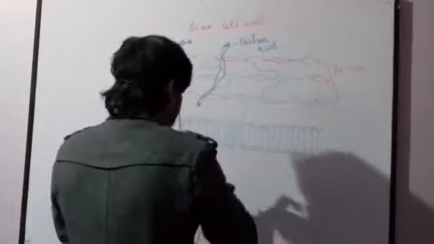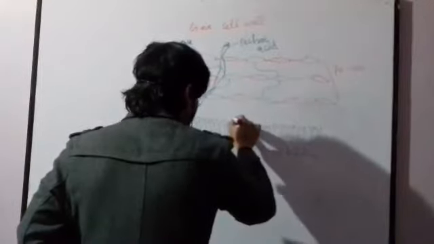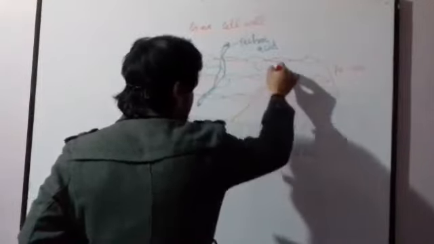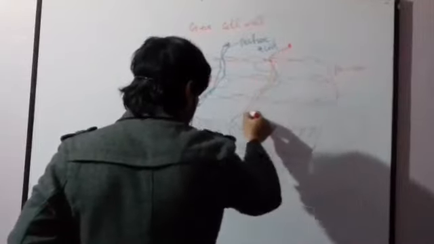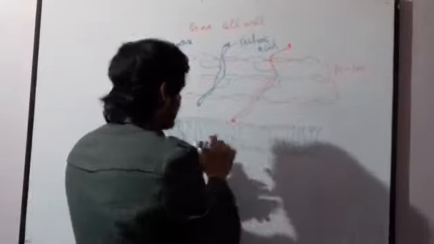So this is the cell membrane. Sometimes this teichoic acid also extends from the cell membrane, connected with the lipid layer.